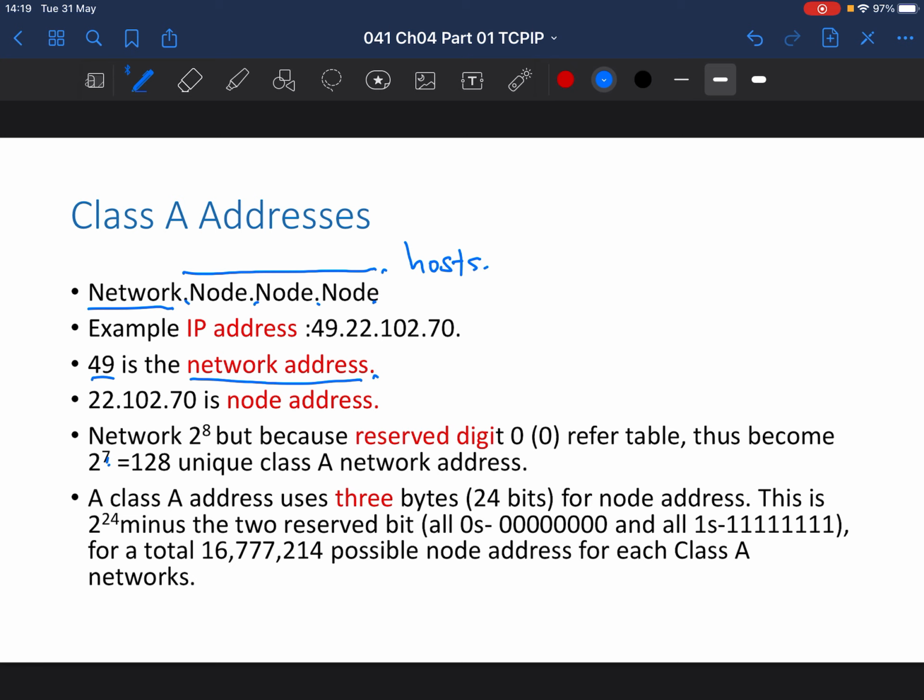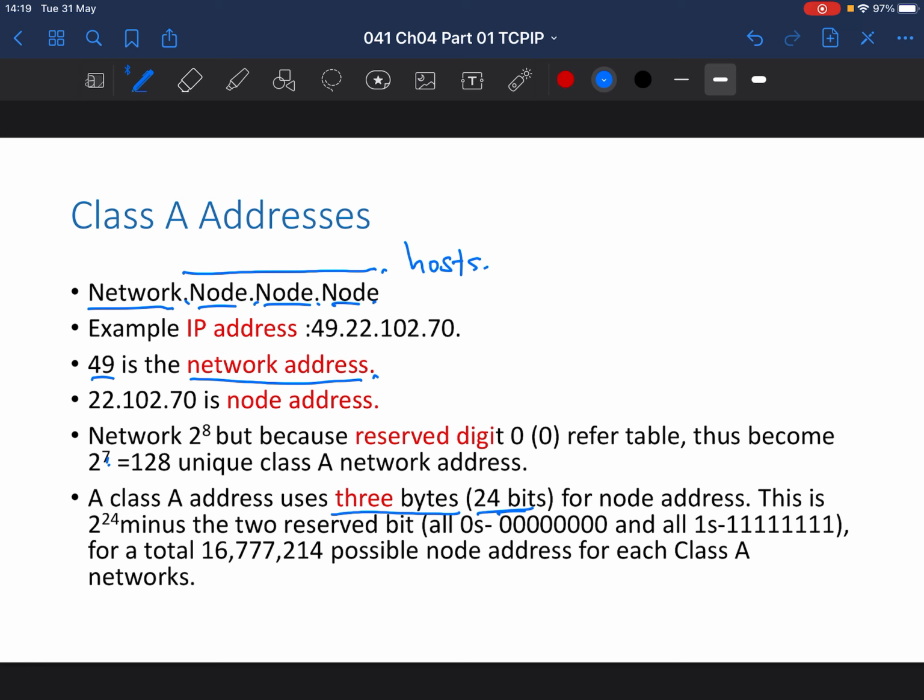Okay. Class A addresses use 3 bytes for the node address. 1, 2, 3. 3 bytes or 24 bits, because 1 byte is 8 bits.